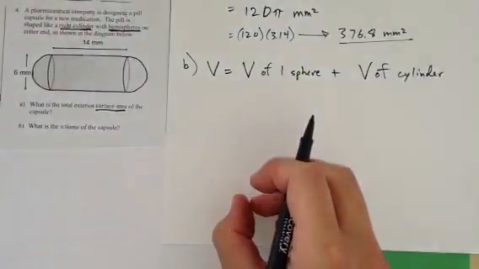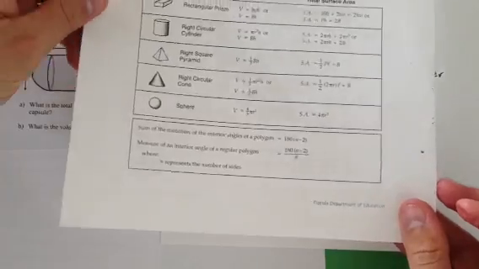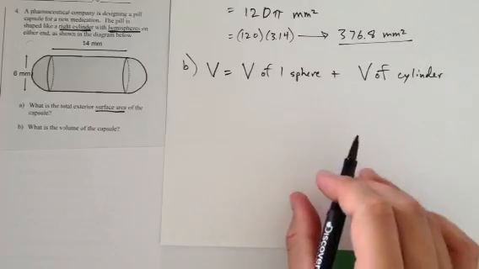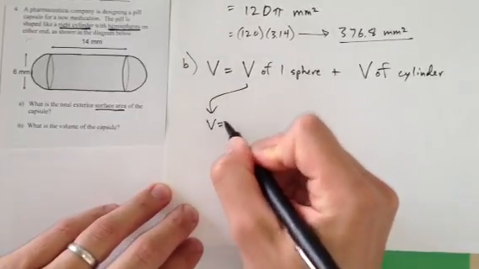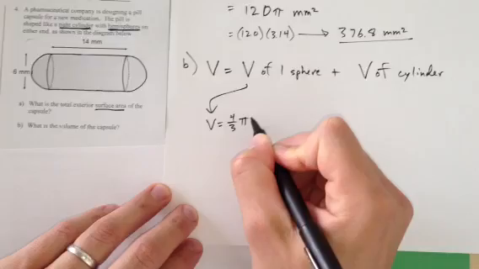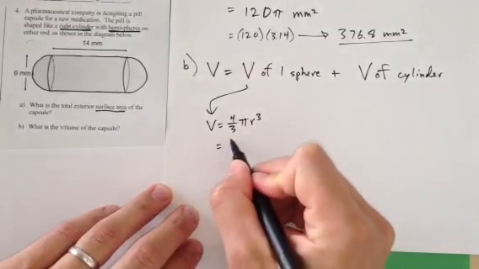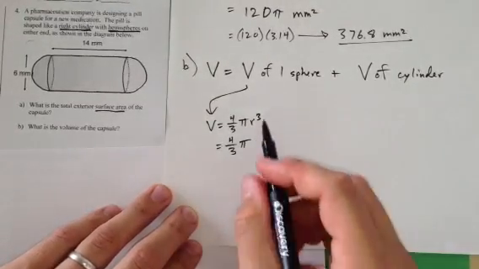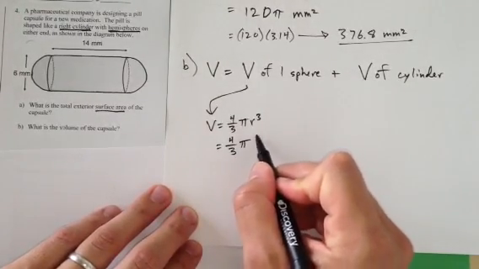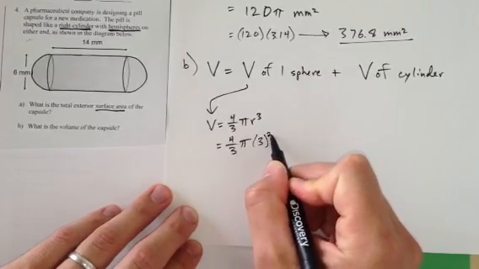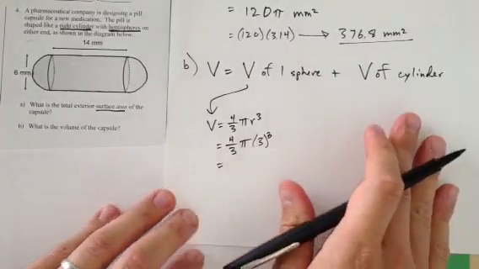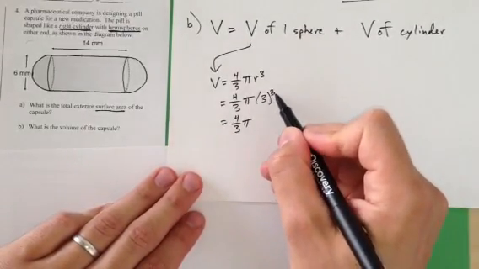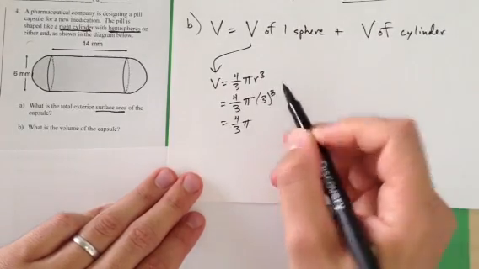So this is actually a little bit easier than the previous problem. The volume of a sphere, the formula is V equals 4/3 pi r cubed. Now r is, again, the same as before, 3. So this is 3 cubed. Take it one step further: 4/3 pi, 3 to the third power. 3 times 3 is 9, times 3 is 27.